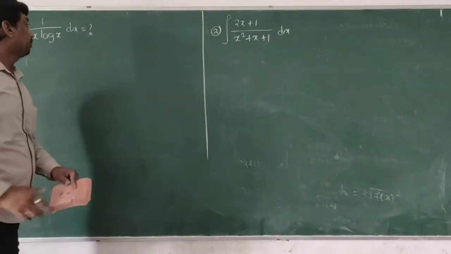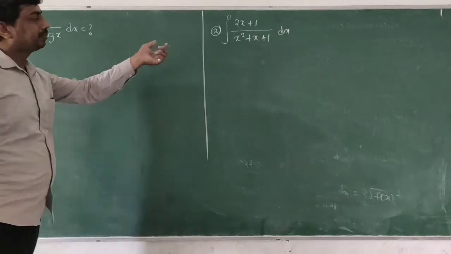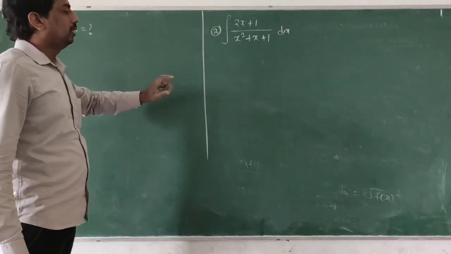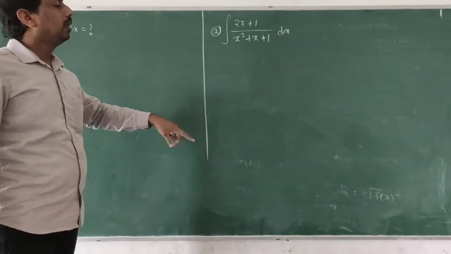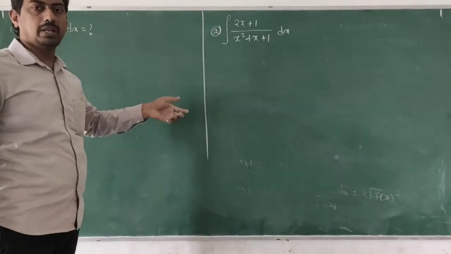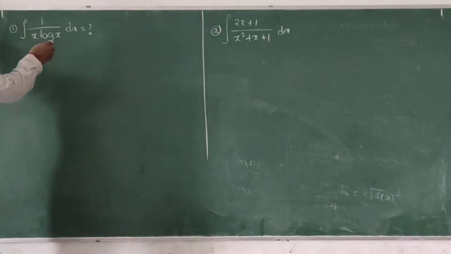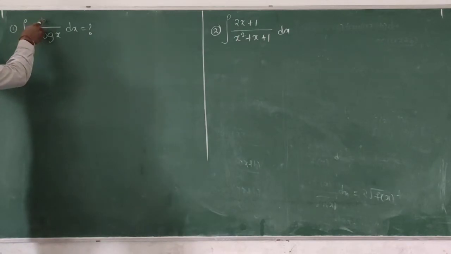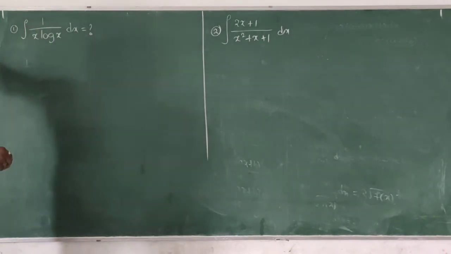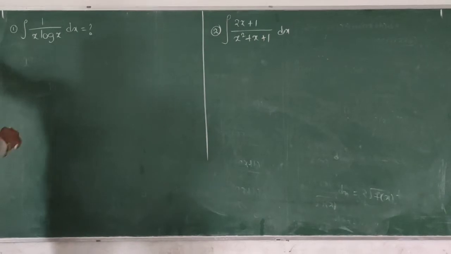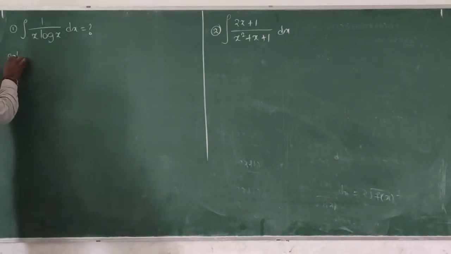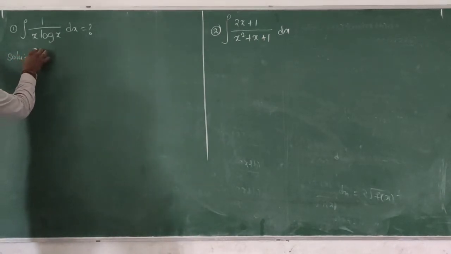Yes, students, continuation of 2 marks questions. So formulas are completed now. On those formulas we have so many problems. In that one, very short answer questions. An important model is integration of 1 by x log x dx. So in the solution, take the given problem as it is.